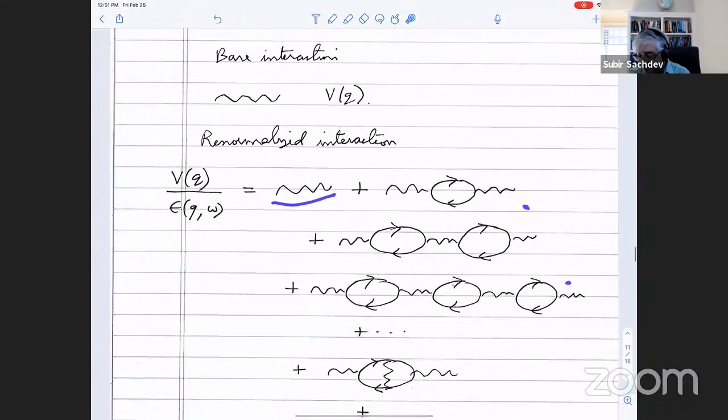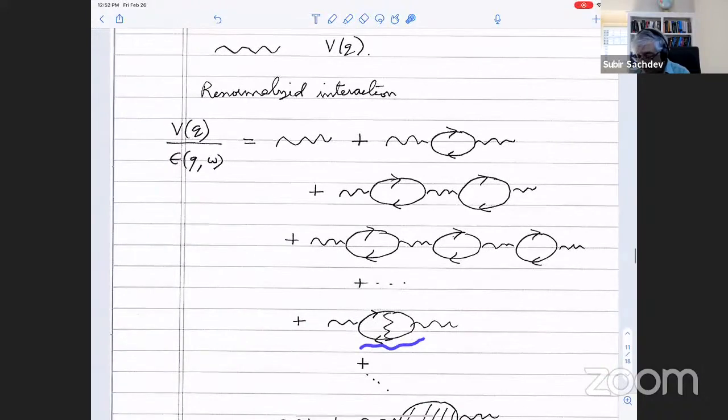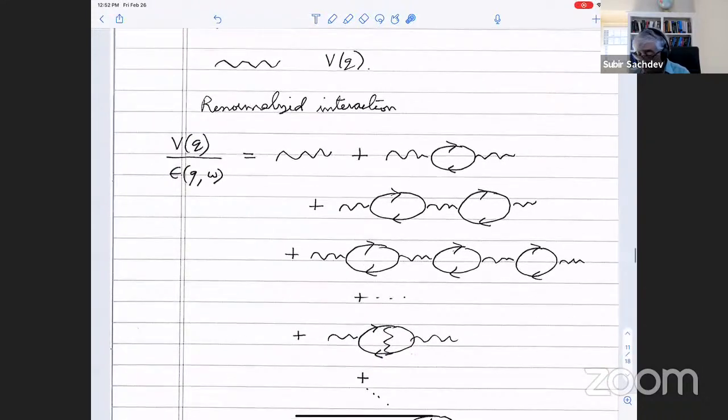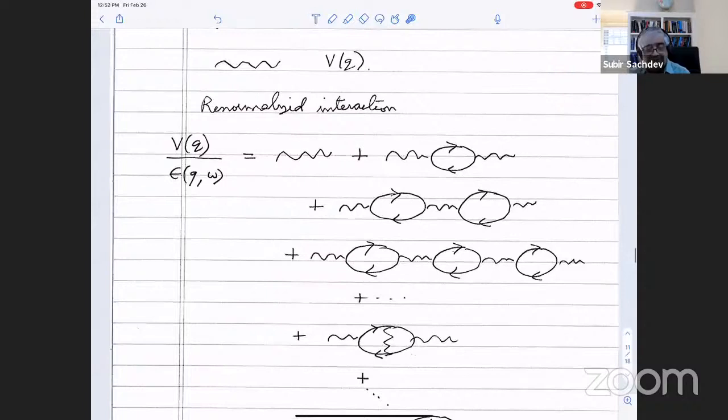But then these are some of the others. And as we'll see in a minute, these, in fact, we already accounted for in the chapter on screening and plasmons, but you can get more complicated stuff like this. So there's lots and lots of such diagrams that we have to sum to figure out what the dielectric constant is. And I don't have to write a single equation, just do it in pictures.